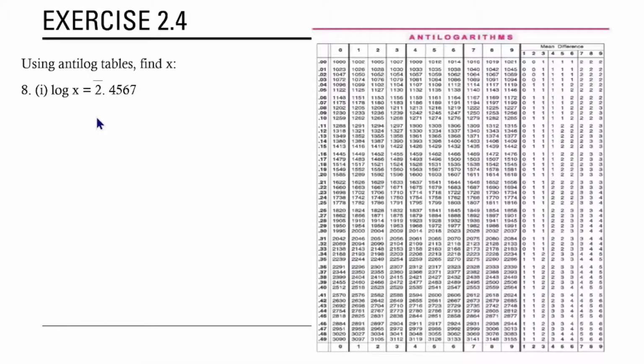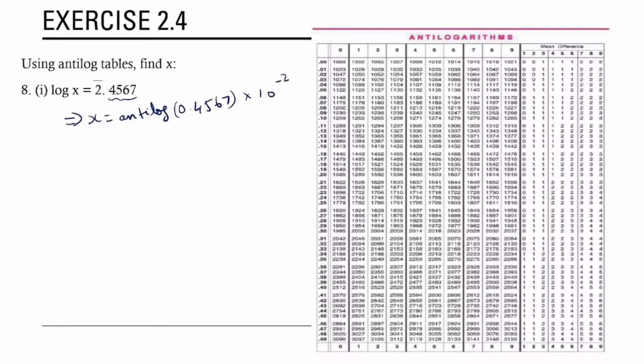The next question, log x is equal to bar 2.4567. From this we have to calculate x. Here we have to see whether the mantissa part is positive or not. This mantissa part is positive. So we can write x is equal to antilog of 0.4567 into 10 raised to minus 2.